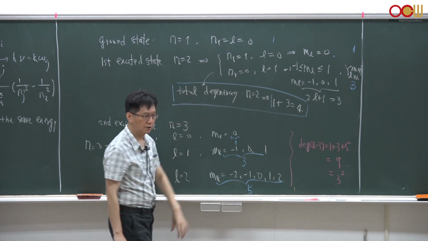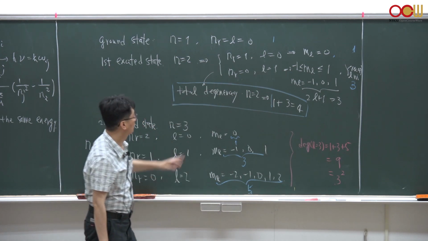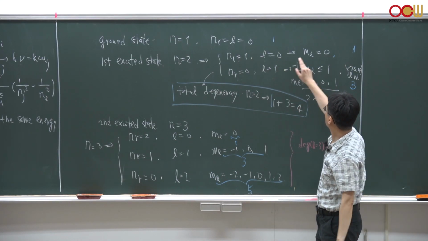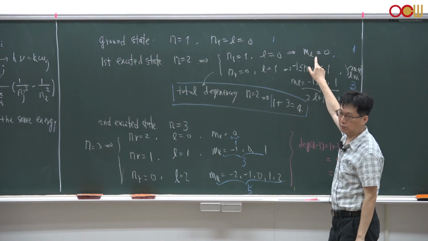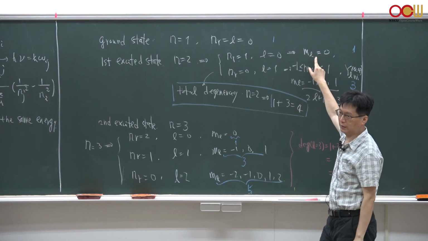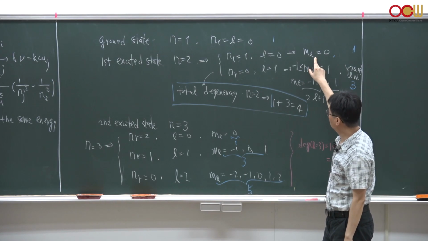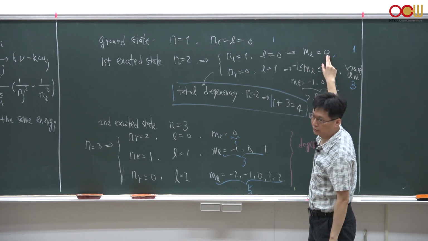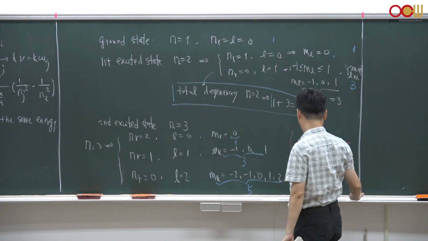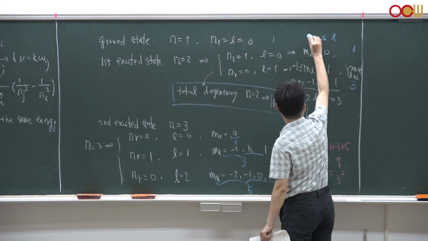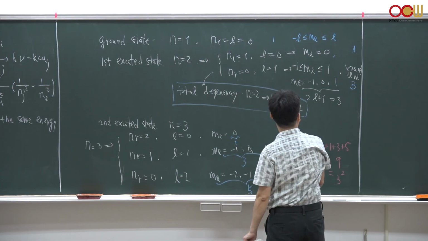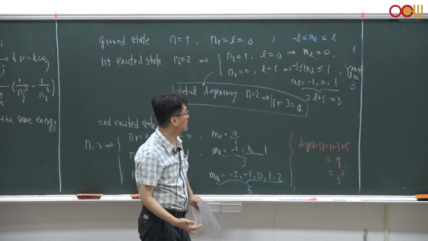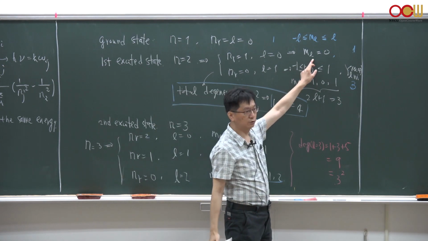But these two situations are very different because in the first case, when nr is 1 but L is 0, remember the quantum number for this z component angular momentum operator, ml, can only take this single value 0, because ml, remember, is between L and minus L. When L is 0, ml can only take a single value, which is 0.